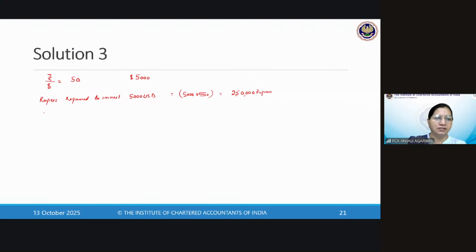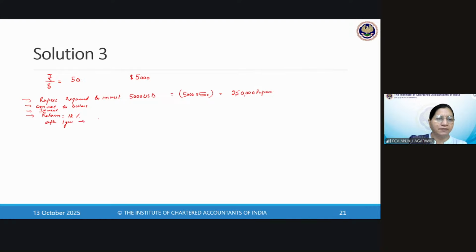This USD then gives you a return of 12%. So first you arrange for rupees, step 2, convert to dollars. Step 3, invest. Step 4, return 12% after 1 year.